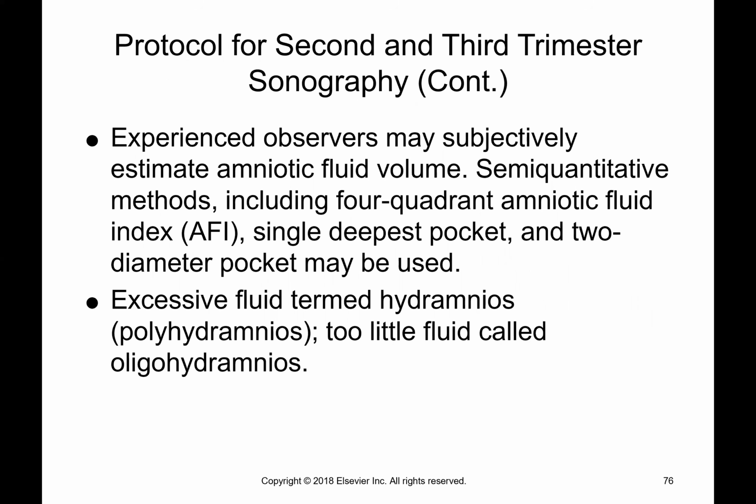In the second trimester, when a baby is 18 to 20 weeks, a lot of the time we do a subjective amniotic fluid volume, which means we look at it and say, yeah, that looks good. After 24 weeks of gestation, I like to do a 4-quadrant amniotic fluid index, or AFI. What that does is cut the abdomen into 4 quadrants, and you measure each quadrant. Again, I will teach you all this, so do not be frustrated if this is kind of confusing.